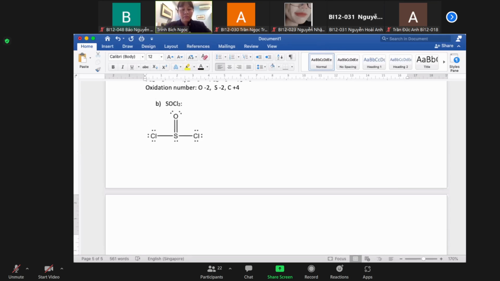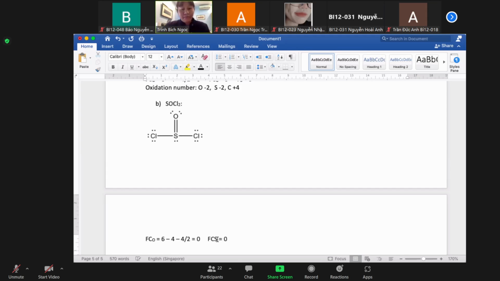So the formal charge of oxygen is 6 minus 4 minus 4 divided by 2, equal to 0. And the formal charge of S is 6 minus 2 minus 4, equal to 0.